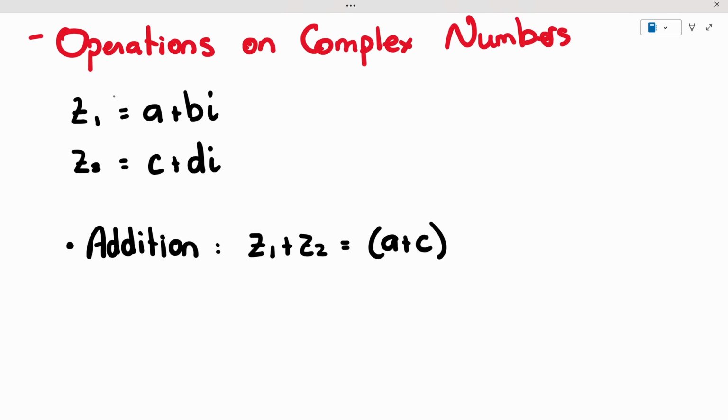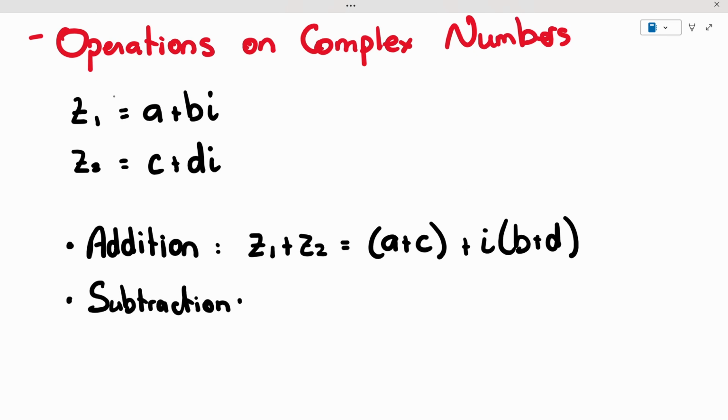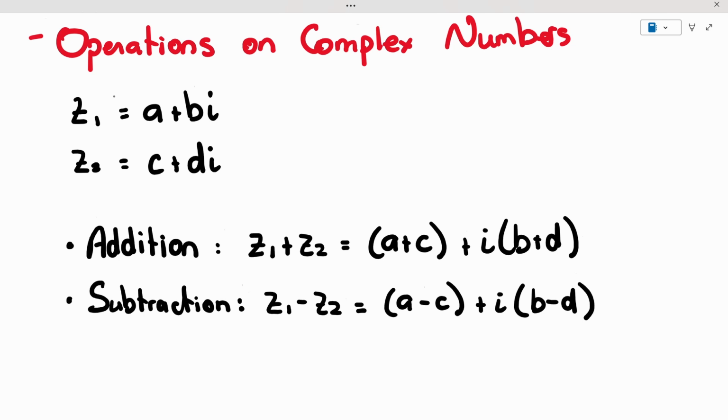We add the real parts and we add the imaginary parts. We can do subtraction: z1 minus z2. We subtract the real parts and we subtract the imaginary parts.